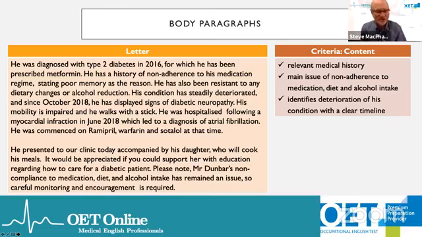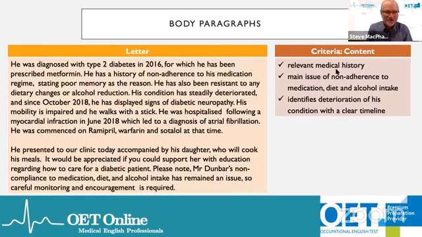Okay, let's look at our criteria. How does that play on the criteria? Well, I showed you before about how important content was. So how have we gone with content? Well, we've got the relevant medical history, which is this diabetes progressing to diabetic neuropathy, his myocardial infarction and atrial fibrillation has all been mentioned.